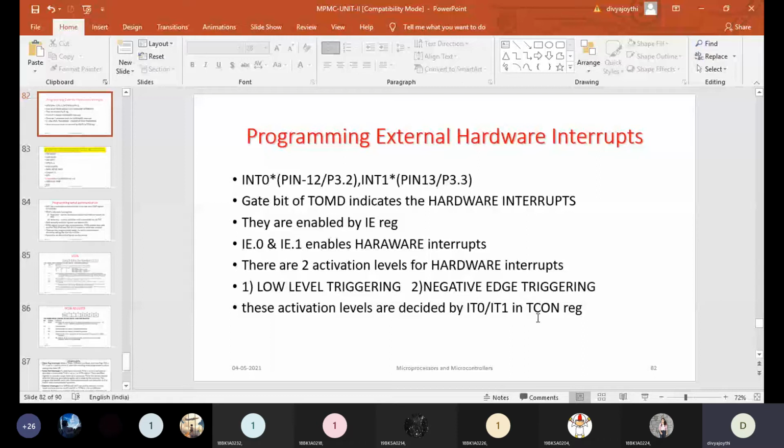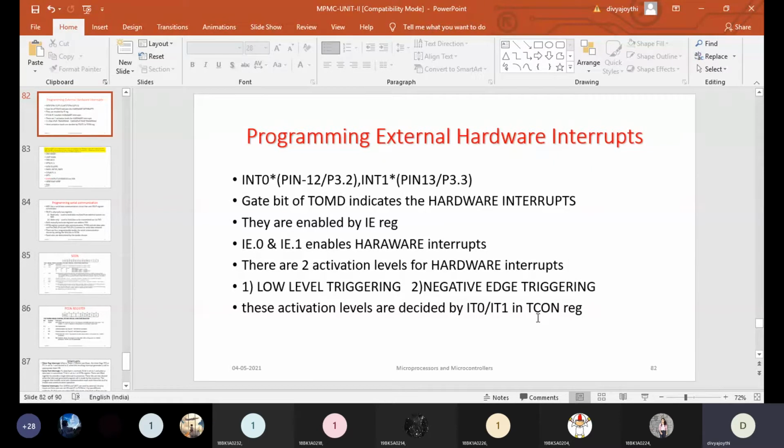I'm repeating, you are informing the controller through the program about the external interrupt. So here the interrupt will be from external only, but about that external interrupt you will be informing the controller through writing a program itself. So this is what the hardware interrupts and the software interrupts could be.